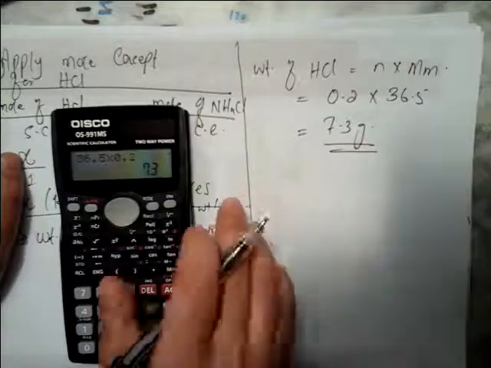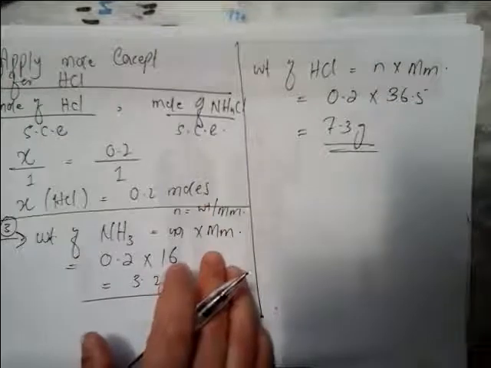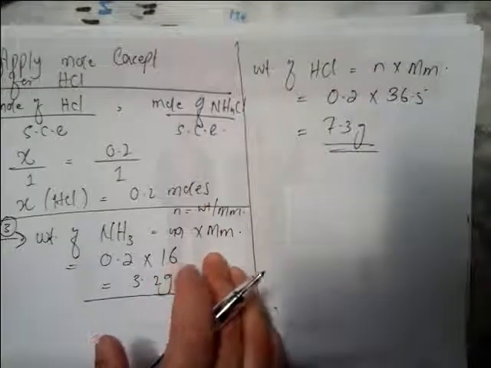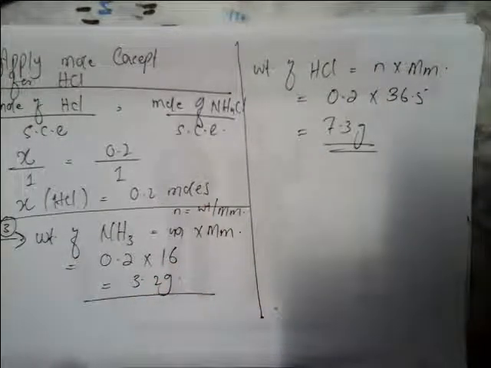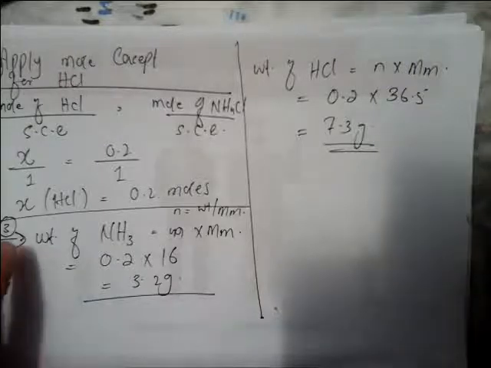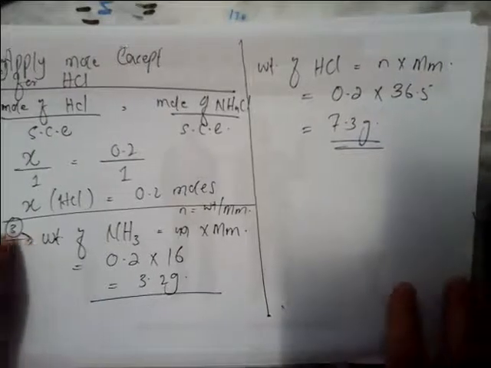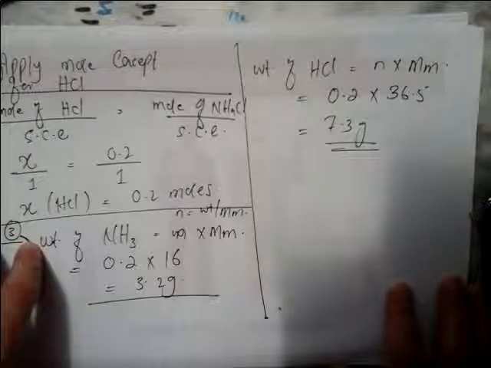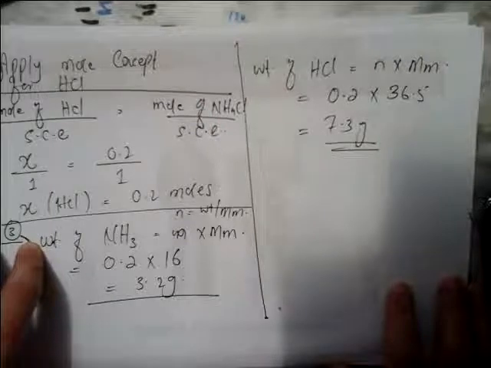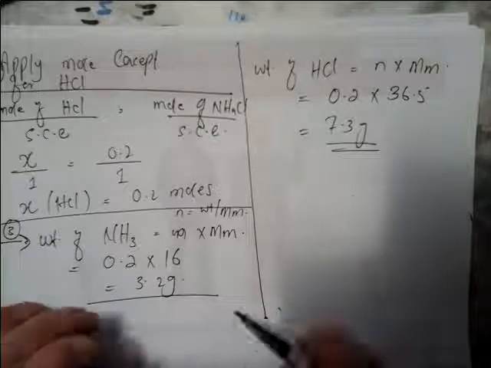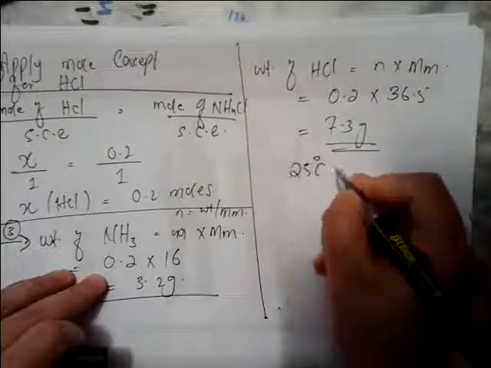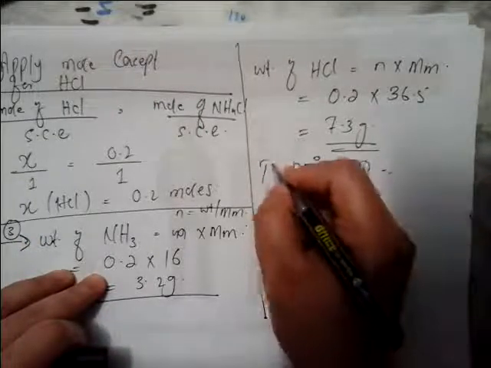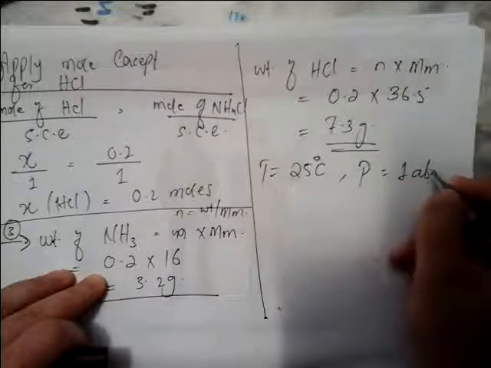Is that clear? So in this way we can also apply the mole concept for finding the unknown mass and unknown moles of the reactants or even products. I hope that you have understood calculating moles or calculating volume of gases when the temperature is specific, that is 25 degrees centigrade, and pressure is 1 atmospheric pressure.